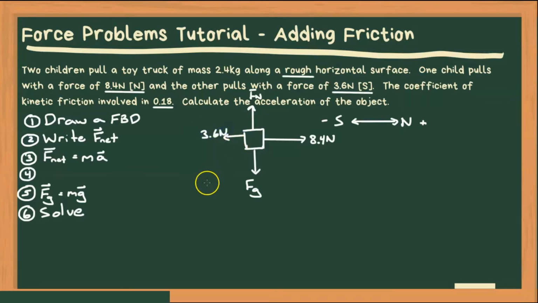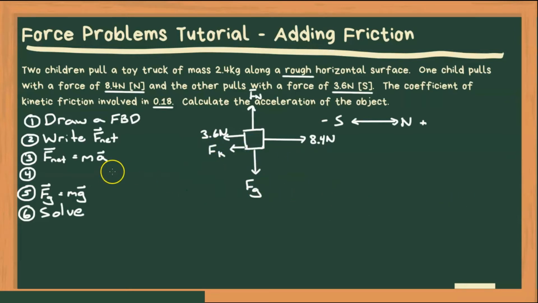Then we're going to have kinetic friction. Now kinetic friction always opposes motion. And by the look of this, since this kid is pulling with a lot larger force, it looks like the toy truck is going to move to the right, meaning that friction will oppose that to the left. So let's write force of kinetic friction. Alright, so there's step 1.